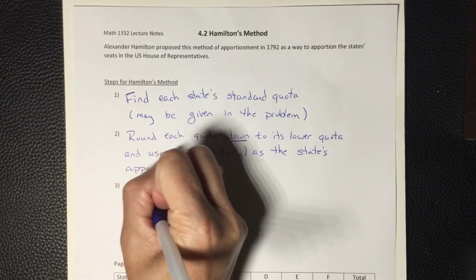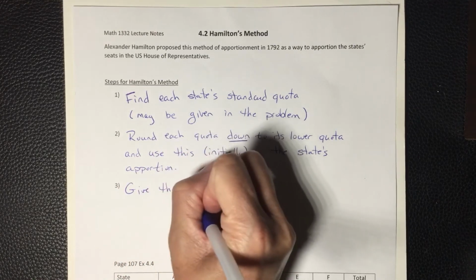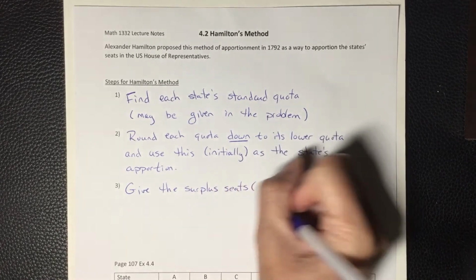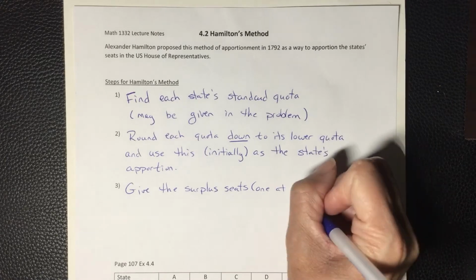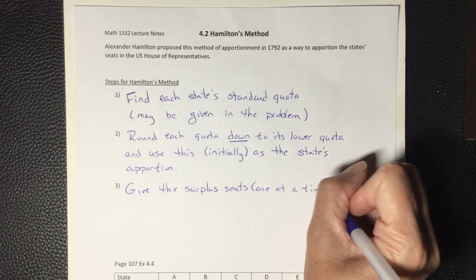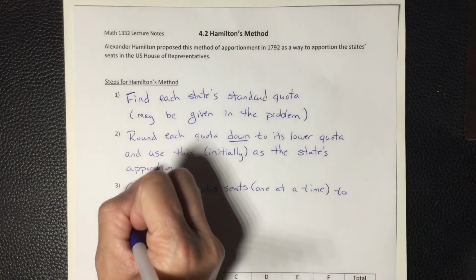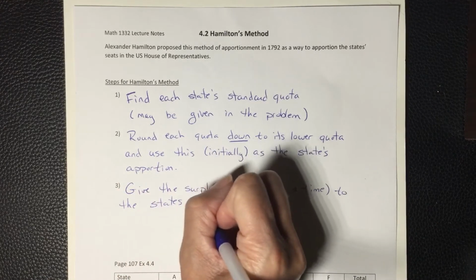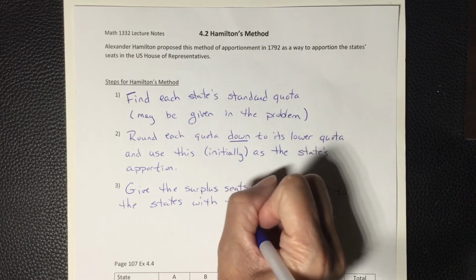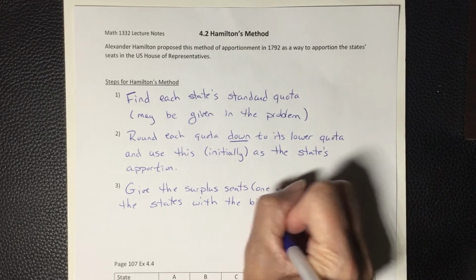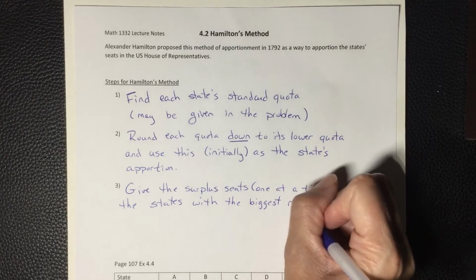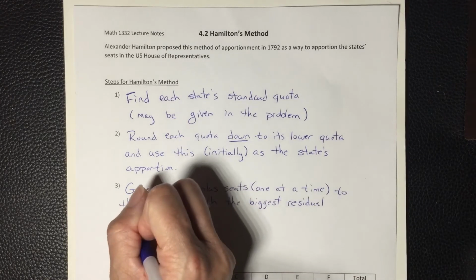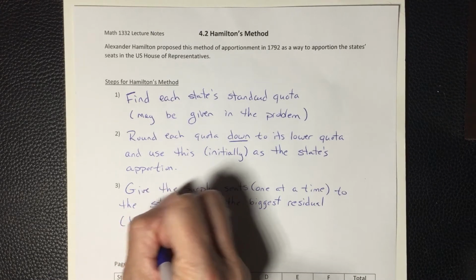So we are going to give the surplus seats one at a time to the states with the biggest residual, and I'm going to put in parentheses biggest decimal part.